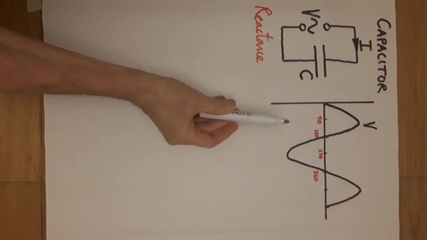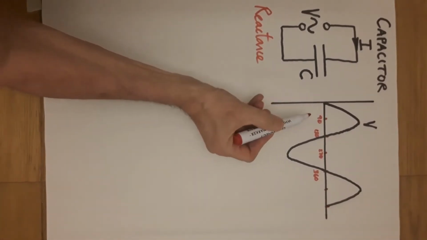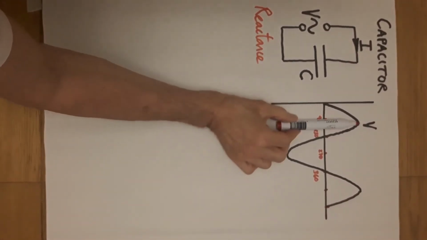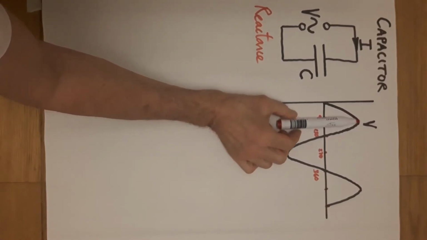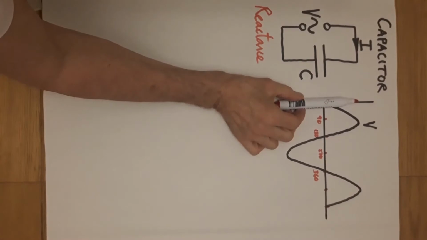What that means is, with a capacitor in an AC circuit, the current will lead the voltage. So here is the voltage peak, 90 degrees. The current will reach its maximum 90 degrees earlier.